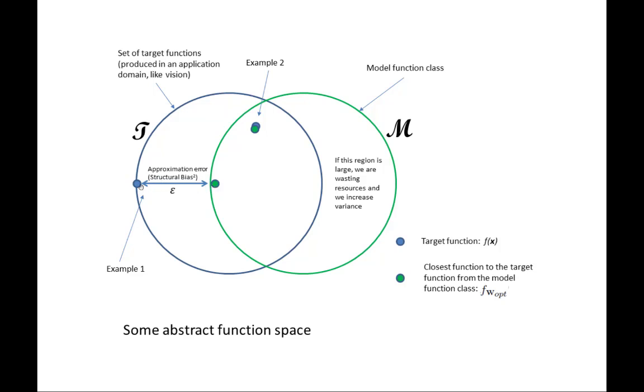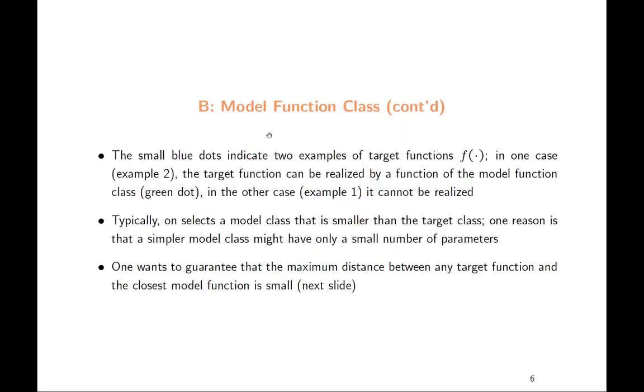This is the model class, this is the target class. What is the worst case epsilon in this situation? The blue one is a target function, the green one is the closest function from the model class, f_w opt. That's the situation. Yeah, so we discussed this already.